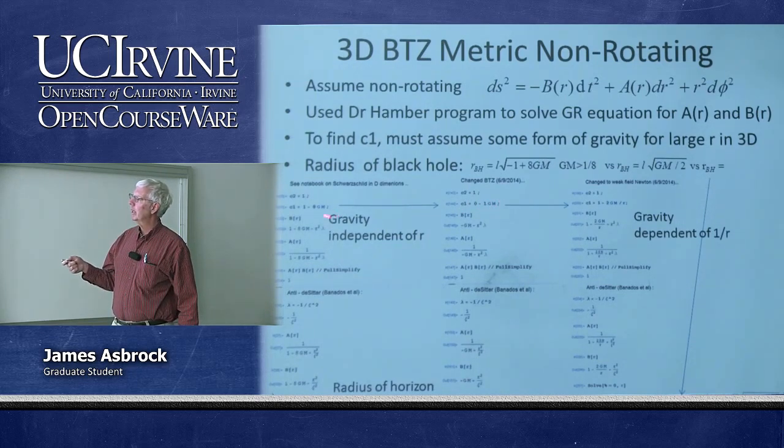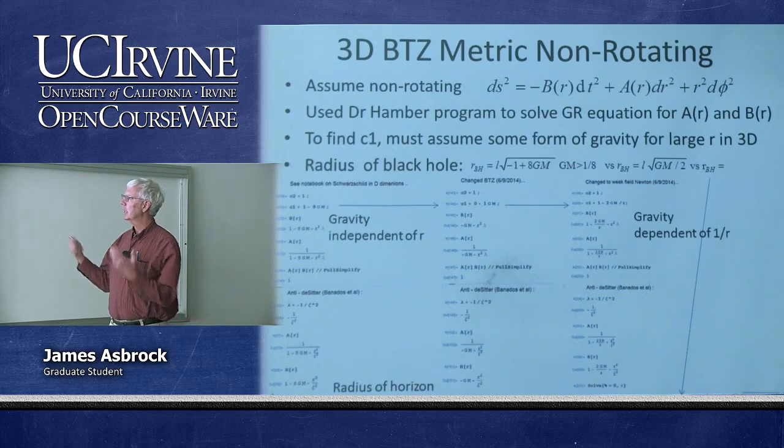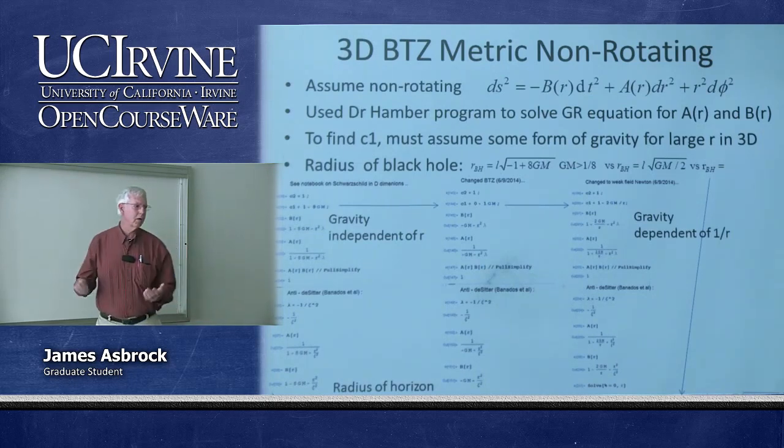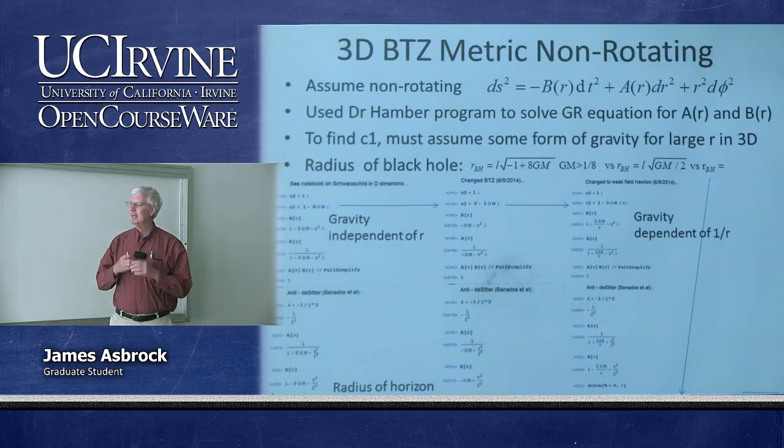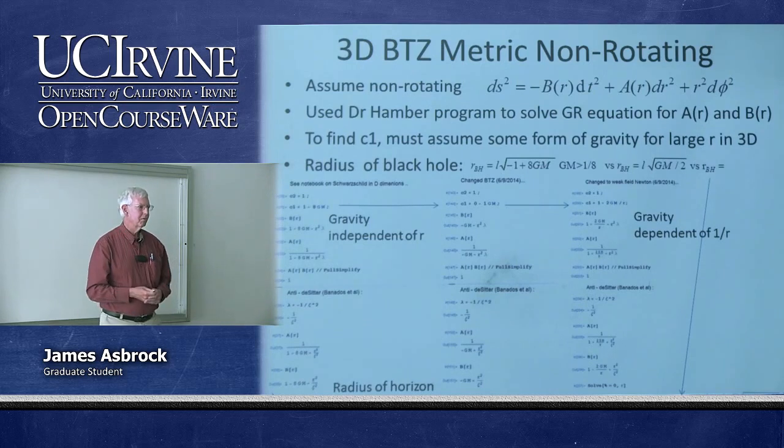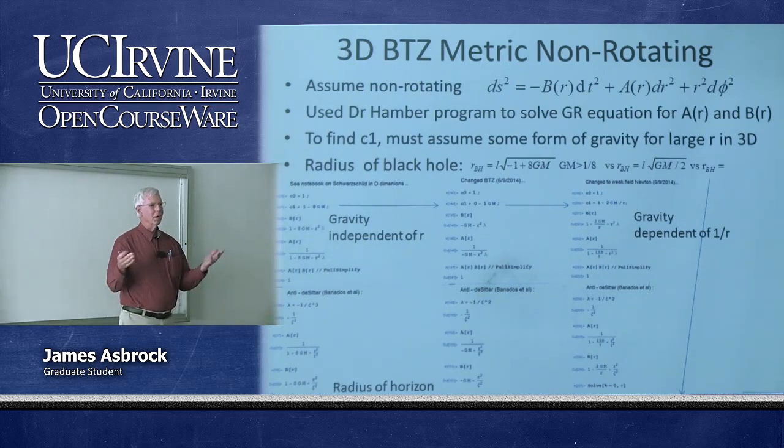And the other one that Dr. Hamber had in his program was to assume it's 1 minus 8GM, and if you do that, you get a different black hole radius. It's basically this. But with all 3 approaches, you can get a black hole, and it depends upon what you assume to be the 2-dimensional equivalent of gravity, whether it depends upon r or not.